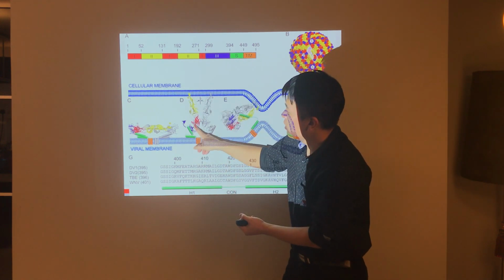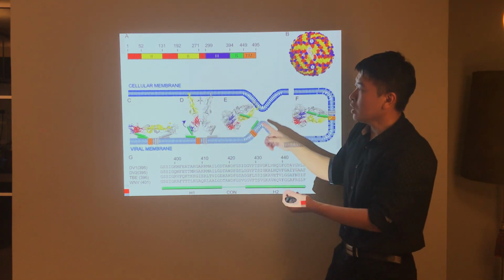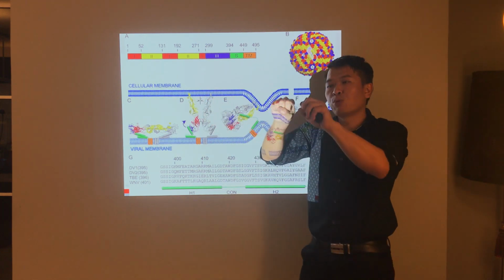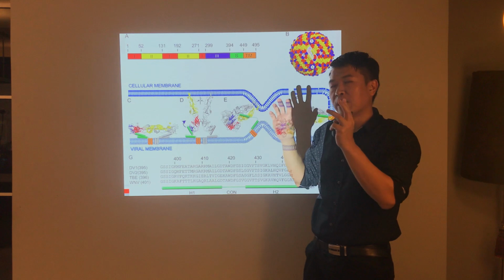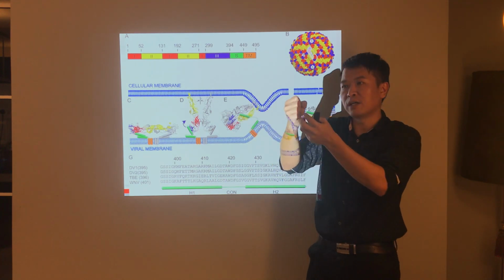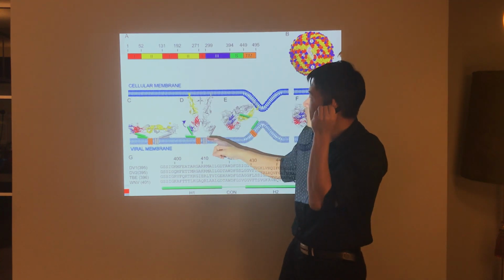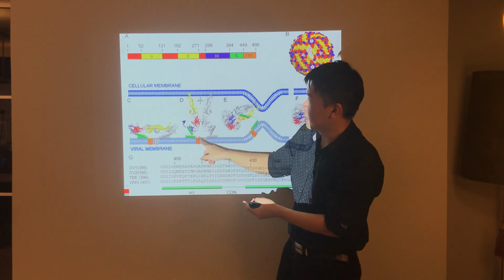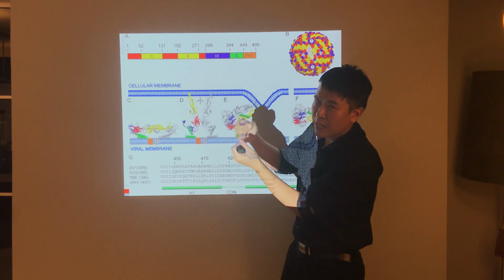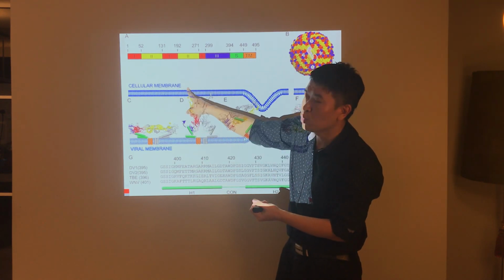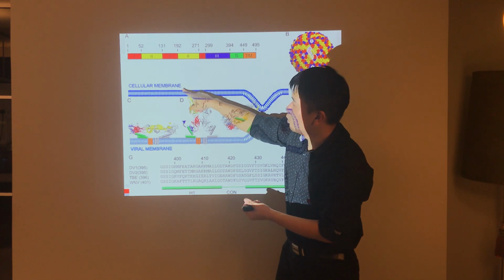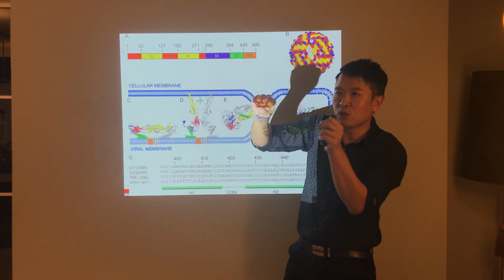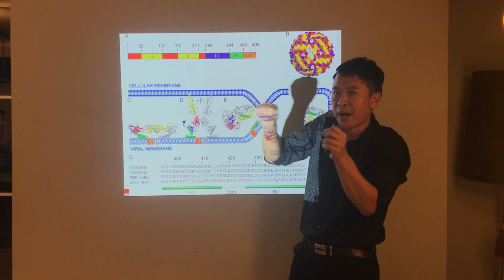So imagine here, it pokes into it, and when you pull this, look at it as if it's a spring. So when you have two membranes and a protein that behaves like a spring and pokes through the cellular membrane, after you pull them, they will tend to come back.